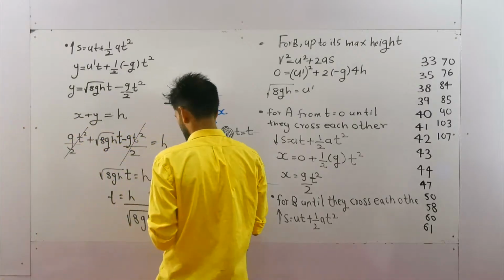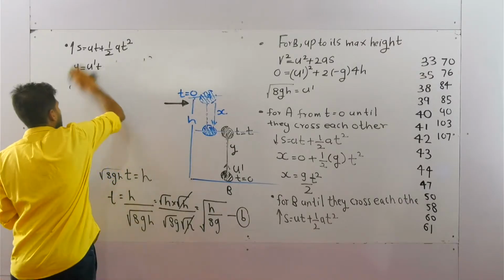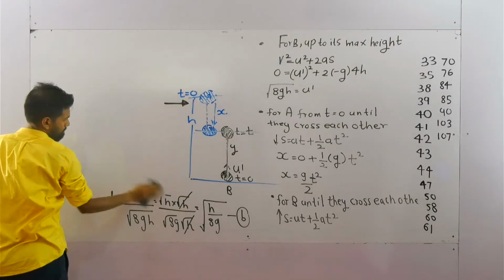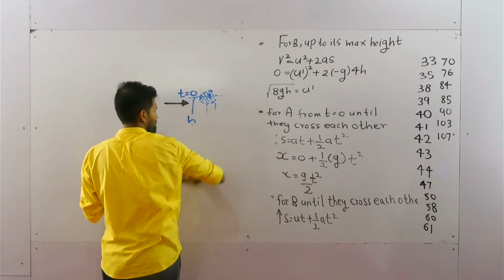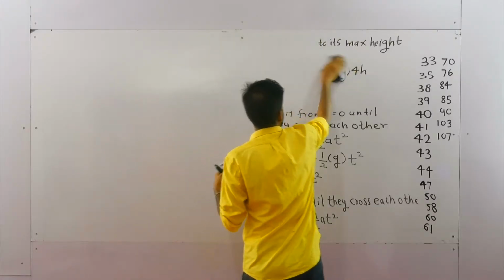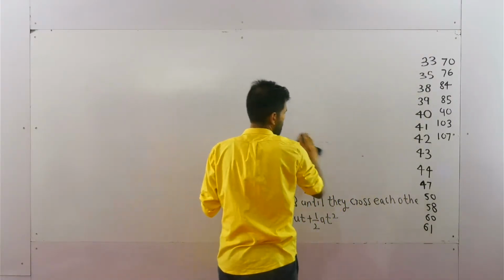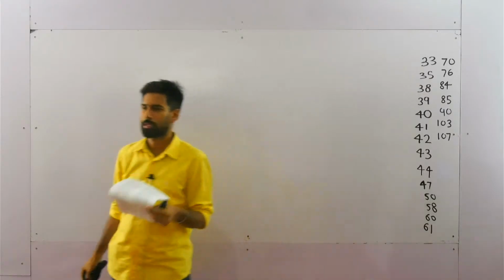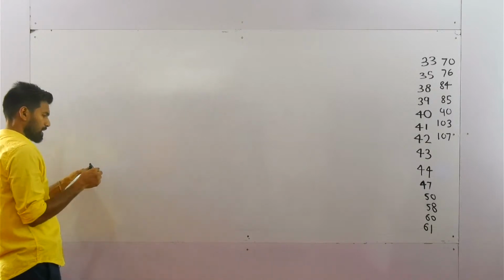Question number 35. The speed time graph of a particle moving along a straight line is shown below.